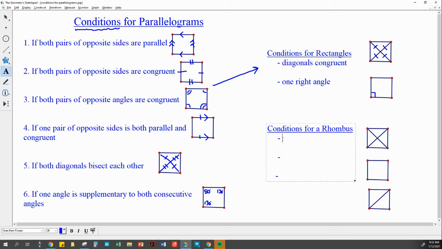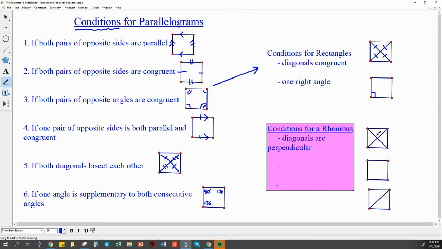The first one, if we know that the diagonals are perpendicular. That perpendicular word shows up all the time in mathematics. Let's try and remember what that means.